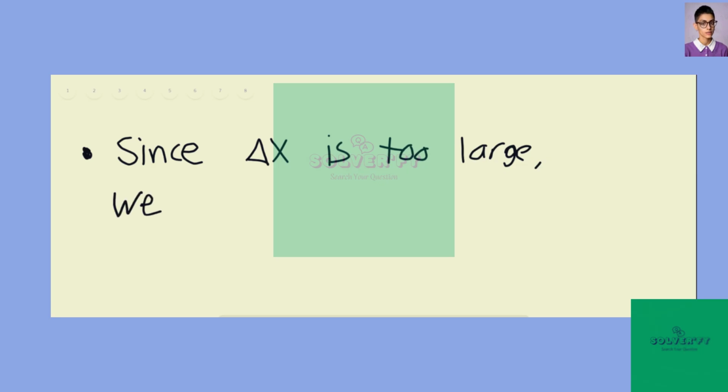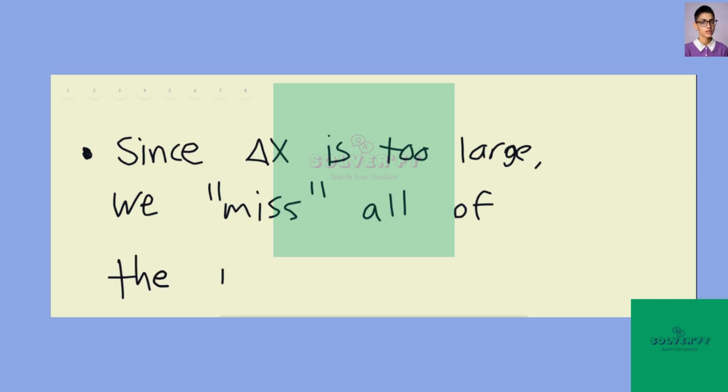So, since delta x is too large, we miss all of the negative area. So that's a danger of approximation. You have to make sure your delta x is small enough to catch sensitivities like that in the graph.